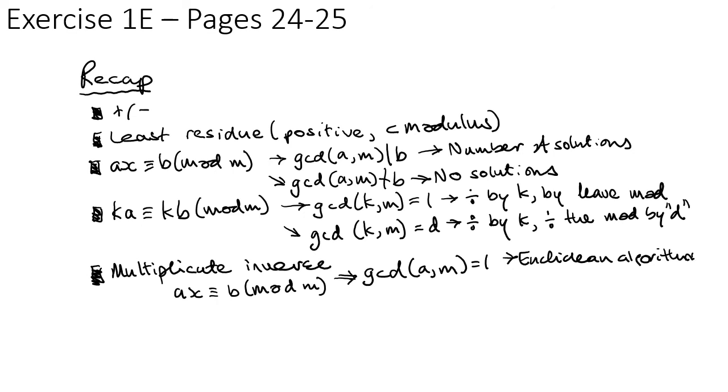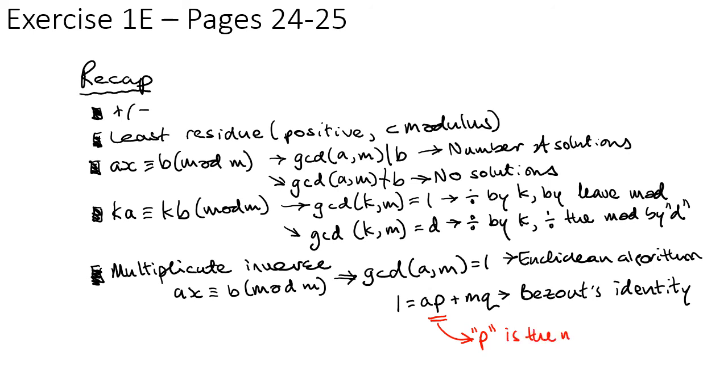Then once we've done the Euclidean algorithm, we can write that greatest common divisor 1 equal to a multiple of A and M, and we'll call those multiples P and Q. So let's call that AP plus MQ. That's Bezout's identity, where we use the Euclidean algorithm in reverse to do this. And this value P here is the multiplicative inverse.